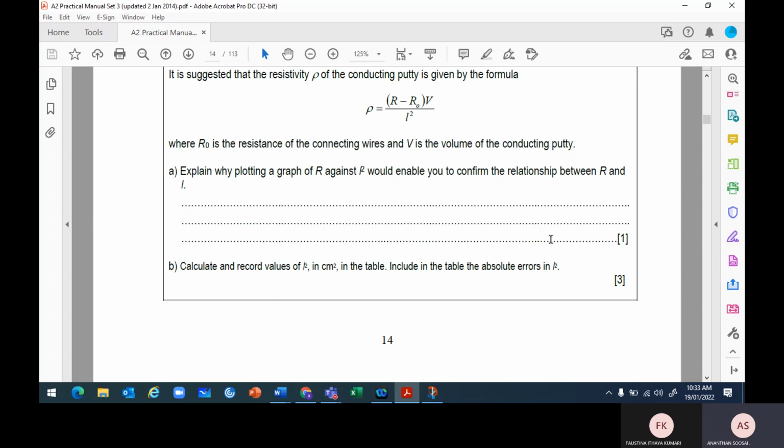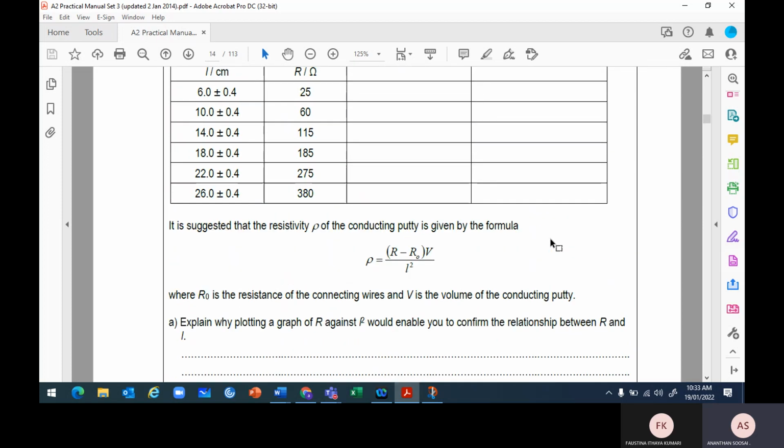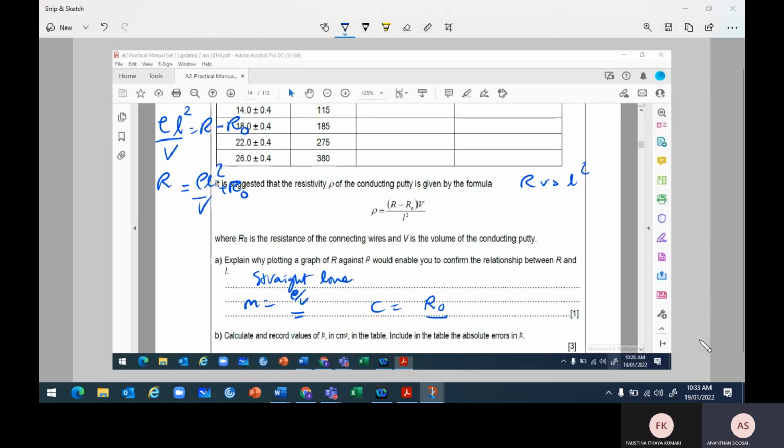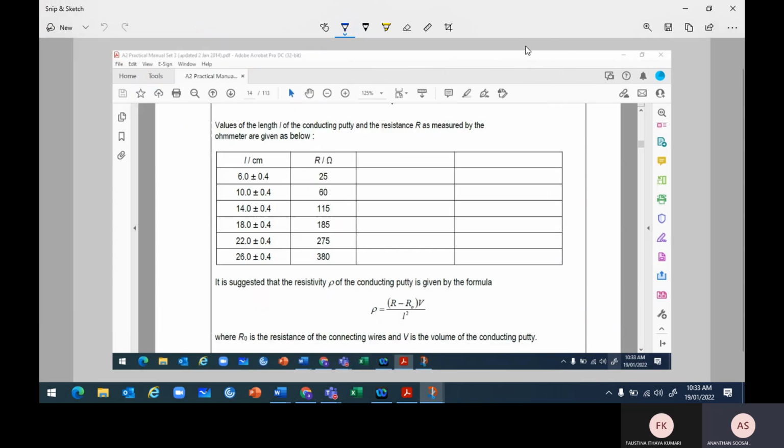For part B, they say include in your table L squared and the absolute error for L squared. So you have two columns. One goes for L squared, another one is for changes of L squared, right? The first one is L squared in centimeter squared.